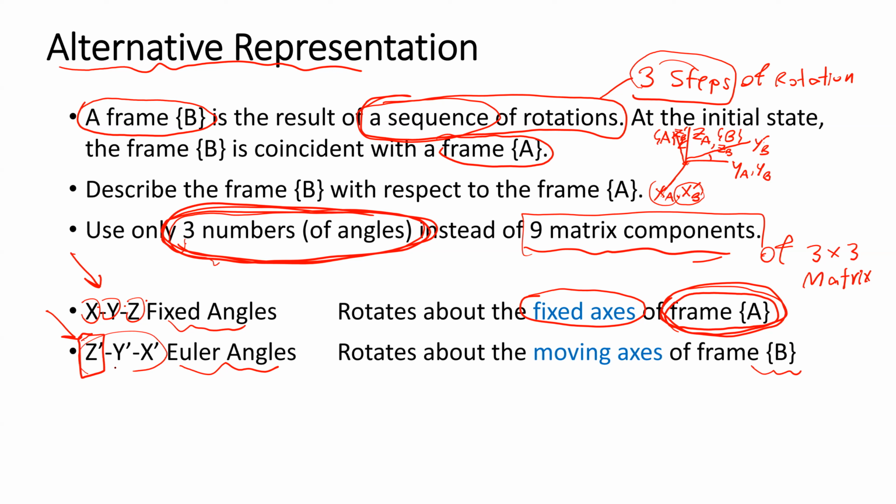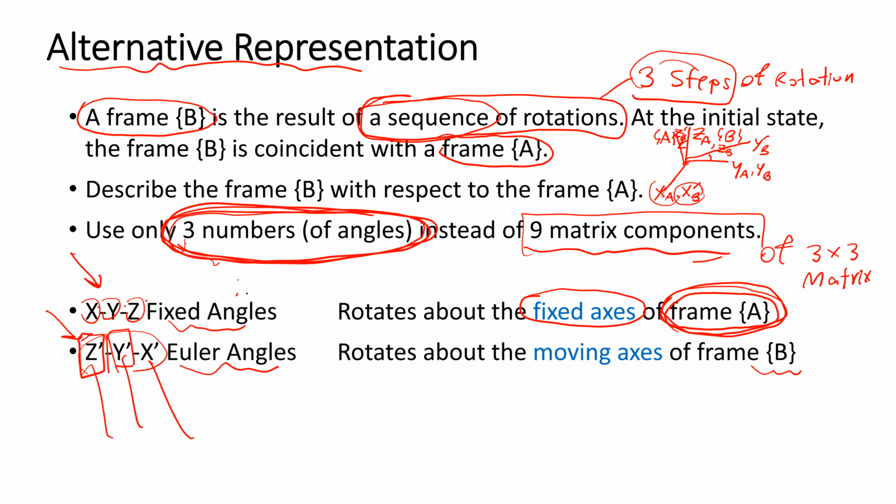After that, we rotate about the Y axis of the B frame. When we rotate the first time about the Z axis, the axes of the B frame already changed. Then we rotate about the Y axis of the B frame. It already changed again. And we rotate about the X axis of the B frame again.